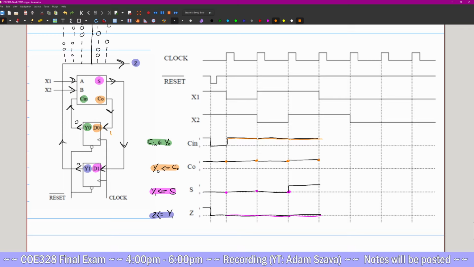The value here will transition into the value here just by the flip-flop. And the value here will transition into the value of Z, again, just by the flip-flop. Okay. And then we have to compute again. 0, 1, 1.